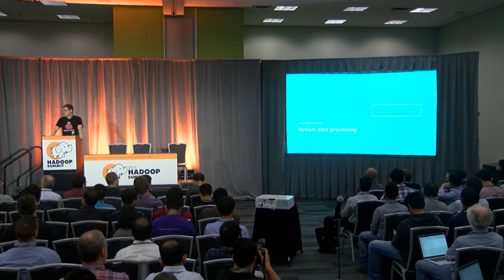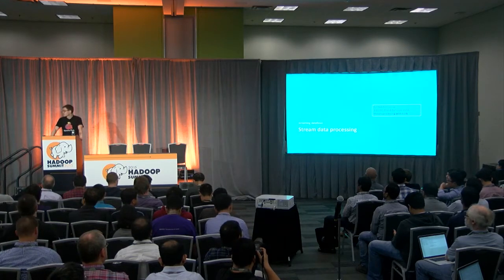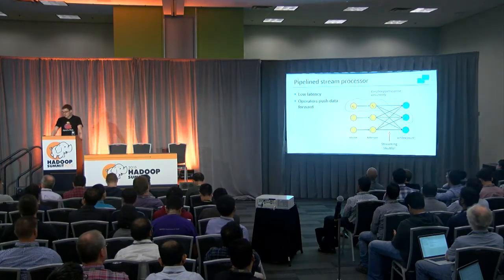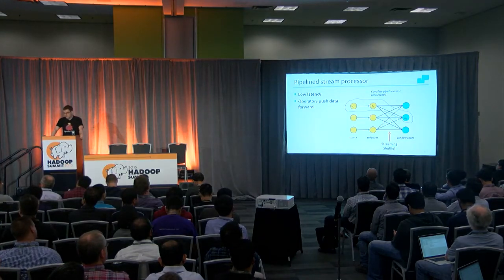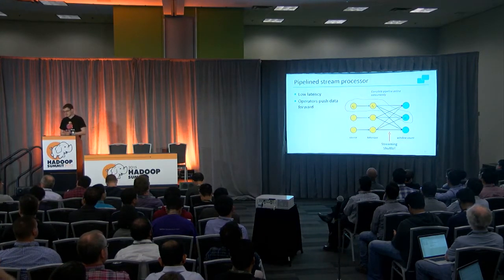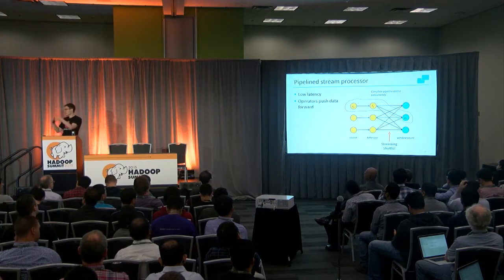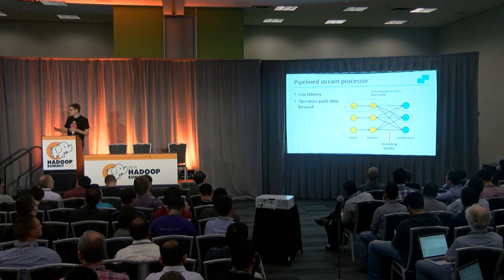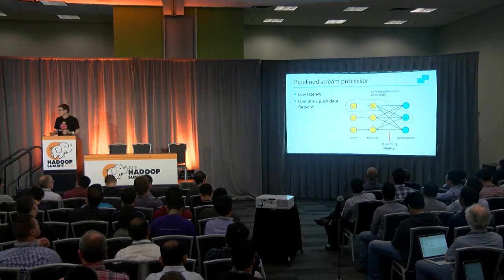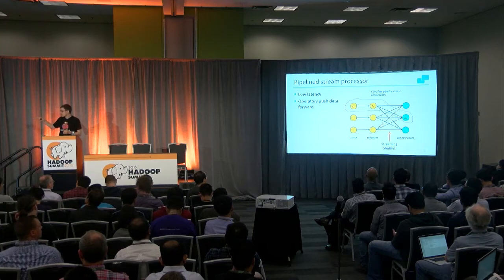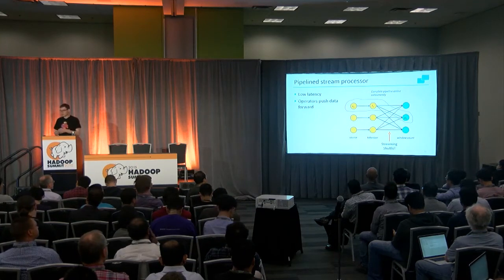So as I said, Flink has a pipelined engine, which means that the operators are running in parallel, pushing data forward. So in this example, you have a data source, which is connected to a tokenizer, which is splitting the elements. And then you have a shuffle for redistributing the records in the cluster to this green window operator.